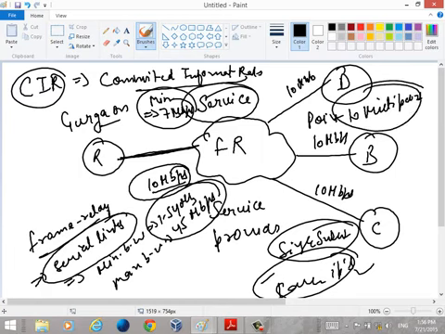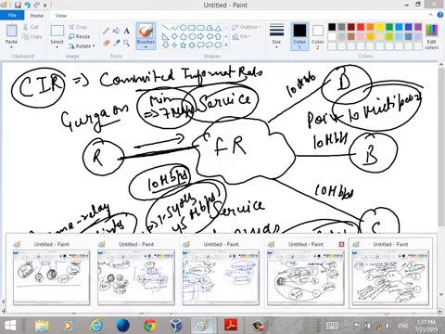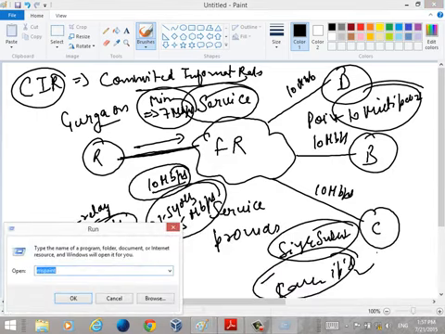Yes, I am connecting Gurgaon to Delhi, Bangalore, Chennai. Point to multi-point. I am using the same path if I want to reach Gurgaon, Chennai, or Bangalore. This thing is clear? So now let me discuss some more terms related to frame relay.